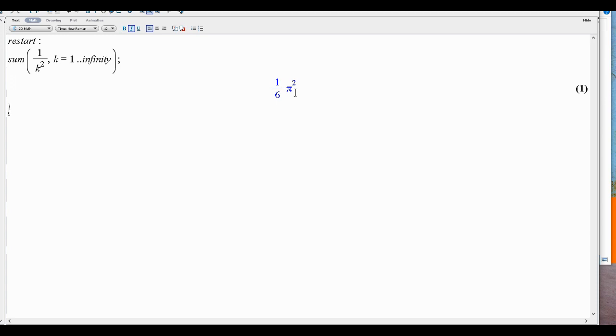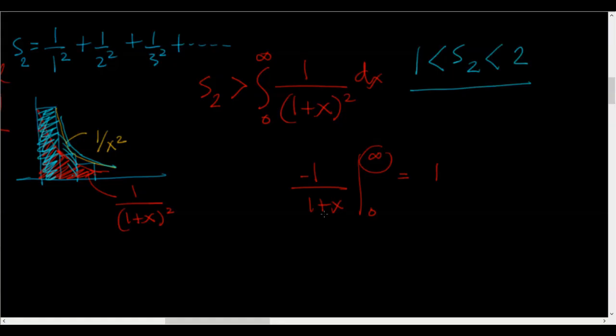Pi squared is close to 10, so you can see that this number is in fact between 1 and 2 as we have estimated. So S2 actually happens to be pi square by 6. This sort of test for convergence is called the integral test.